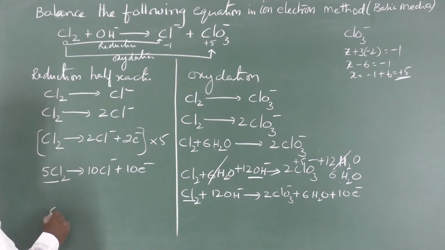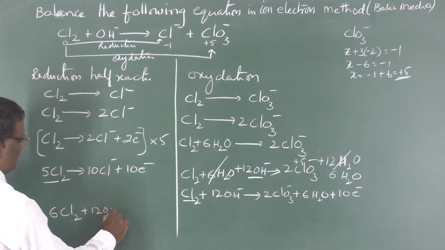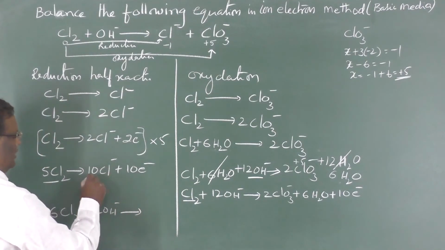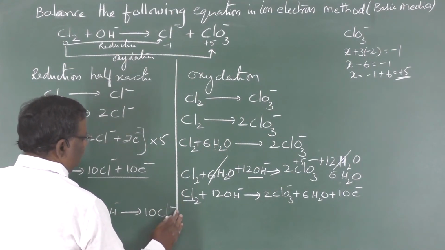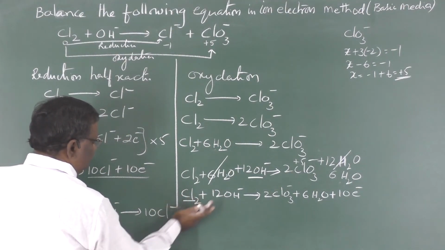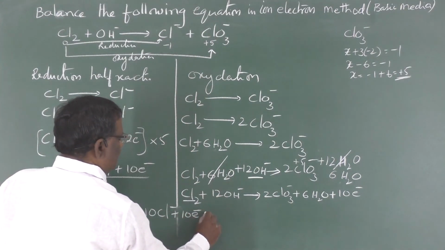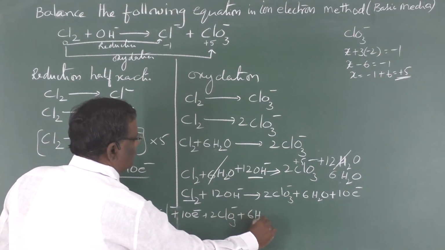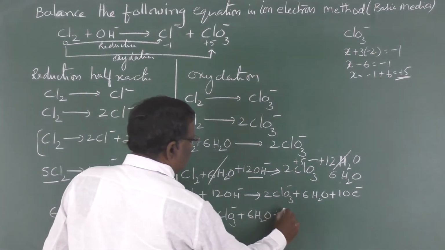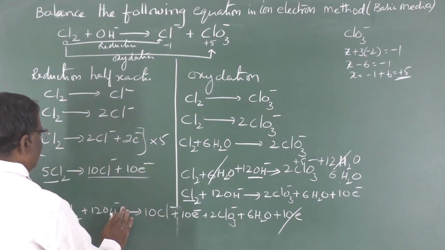That means 6 Cl2 plus 12 OH minus gives, next product side, 10 Cl minus plus 10 e minus plus 2ClO3 minus plus 6 H2O plus 10 e minus.